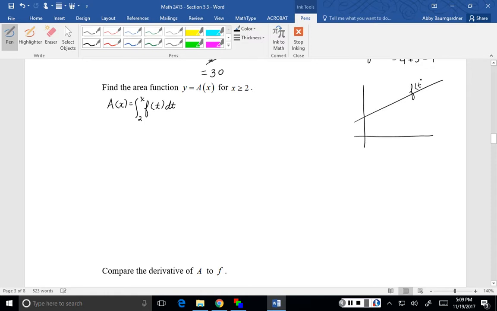So this is f of t equals 2t plus 3. And it's got a lower bound of 2 and an upper bound of x, and we want to find the area under that curve.